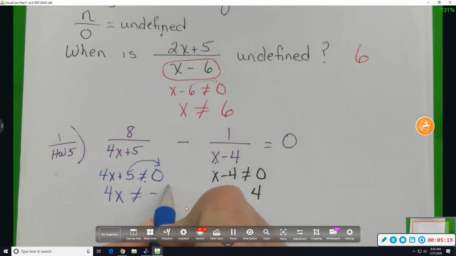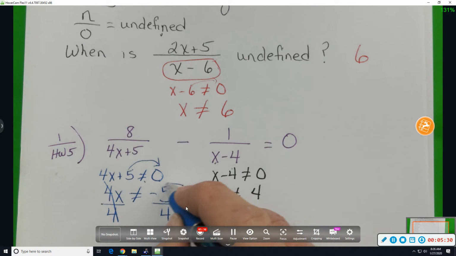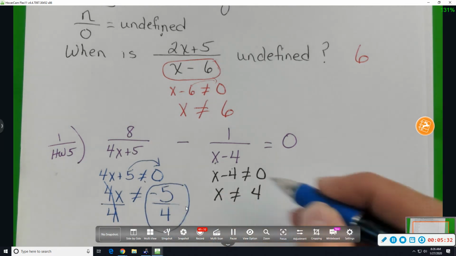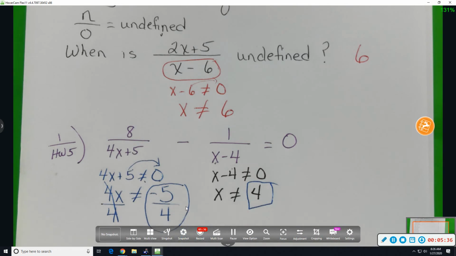So 4x can't be negative 5. And then what would I do to get the x by itself? Divide by 4. So there's two numbers here that make these fractions undefined. The fraction negative 5 over 4 and positive 4.